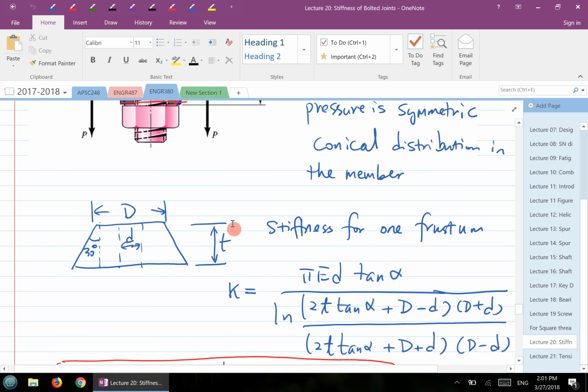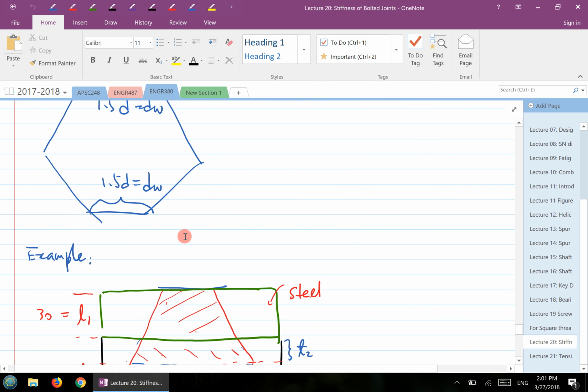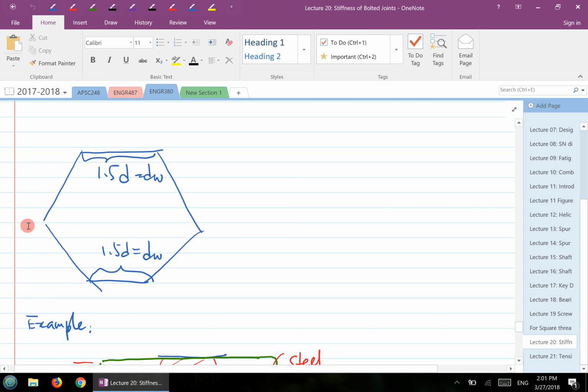Okay, and the frustum always takes a trapezoidal shape with a certain thickness and a certain width, capital D, at the top. So if you have a specific case like this, make sure that the top and the bottom widths are always 1.5 times the D, where D is the major diameter of the bolt.